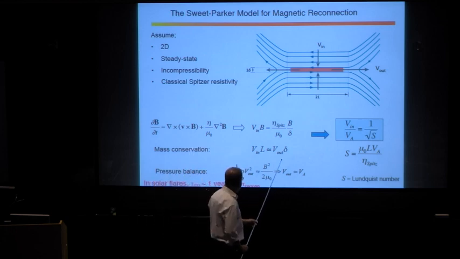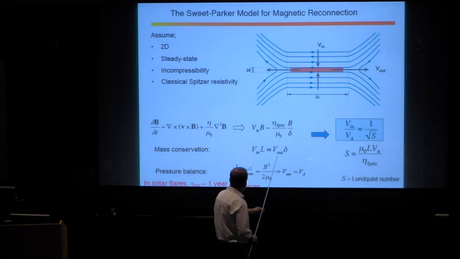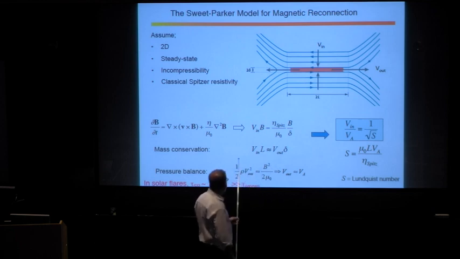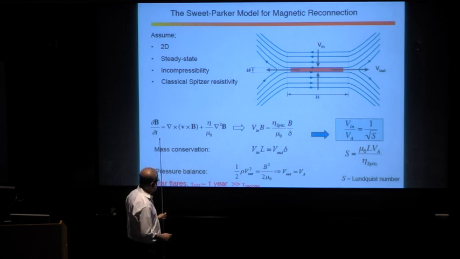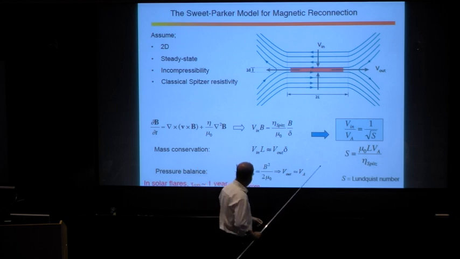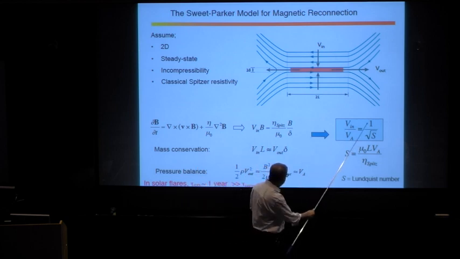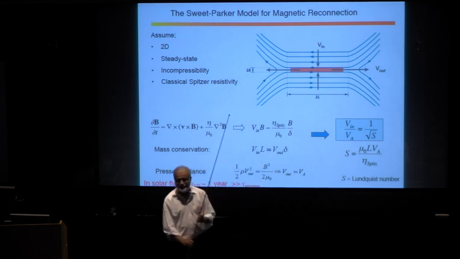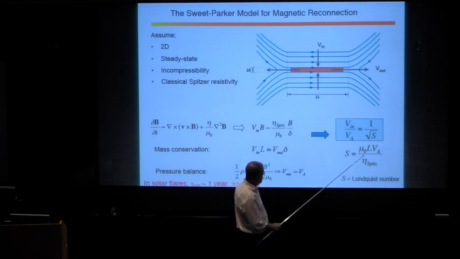So this is VA. So what do you get from this? If V out is VA, then V in over VA is delta over L. And you can show by some further simple calculation that that delta over L, using the energy dissipation argument, is really given by 1 over square root of S, where S is called the Lundquist number, mu 0 L VA by eta Spitzer.